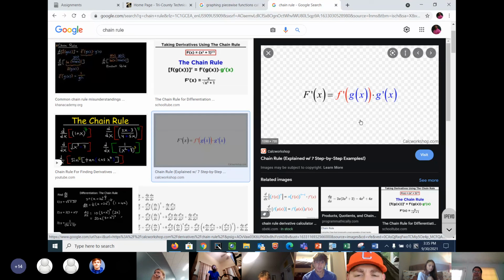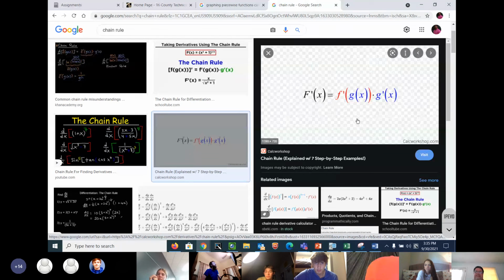Somebody tell me what that says. And don't just recite the letters. What does it say? Can you make heads or tails out of it? No. So forget it. This is the chain rule right here.